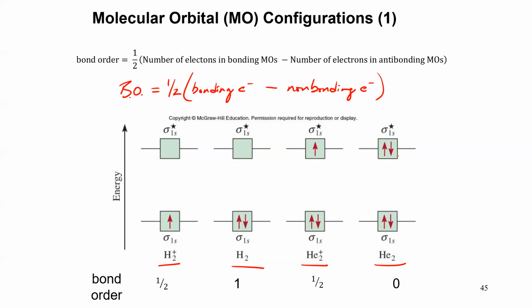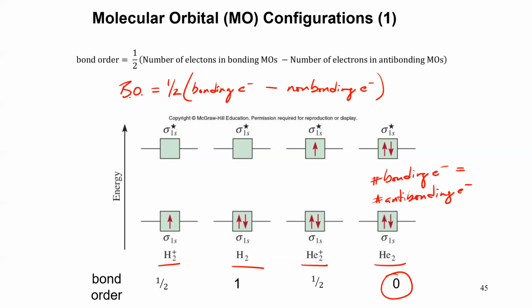And then this last one, here's where they completely cancel out. There's an equal number of bonding and anti-bonding, and there's no bond, right? Number of bonding equals the number of anti-bonding. And so when that happens, we end up with no bond.